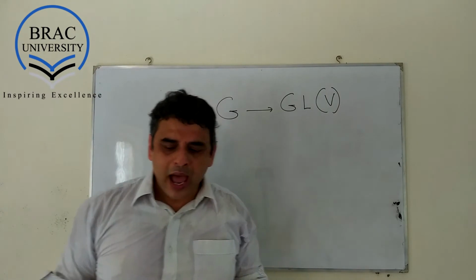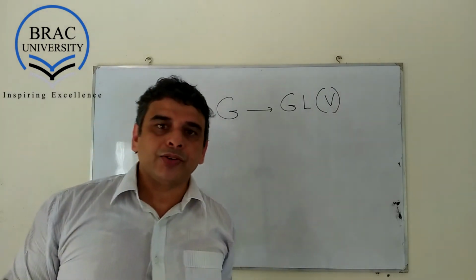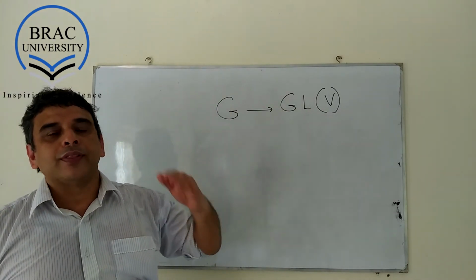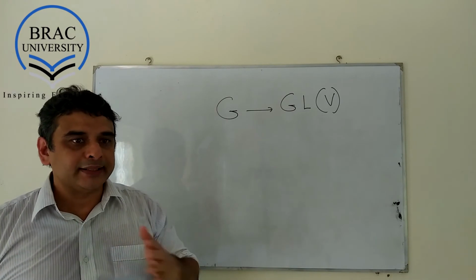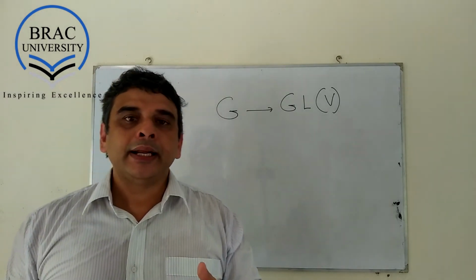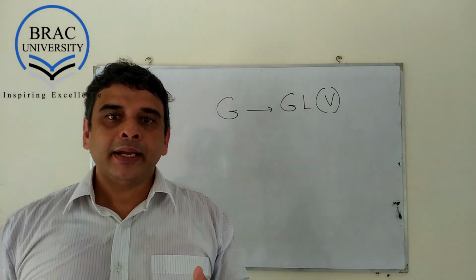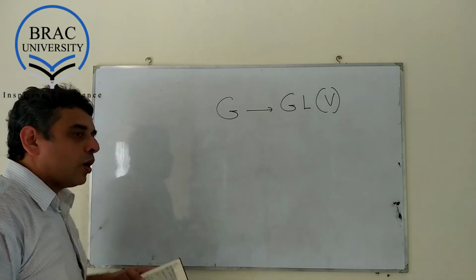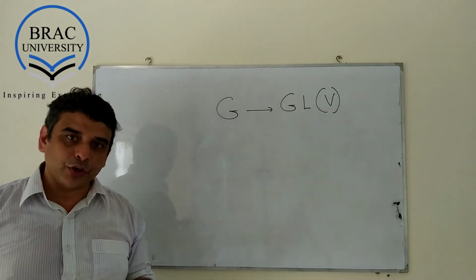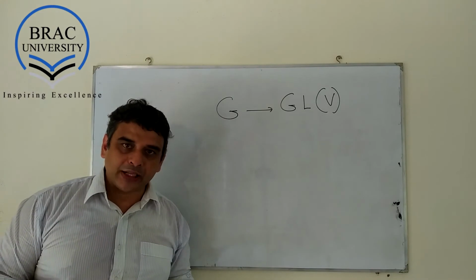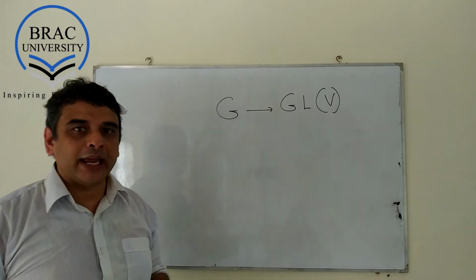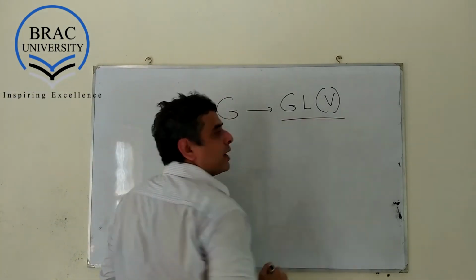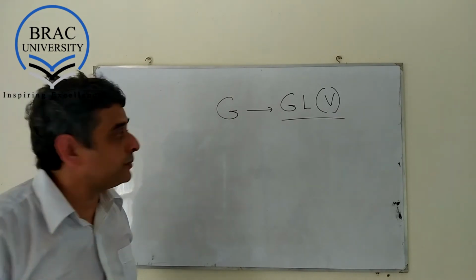So say if you have an n-dimensional vector space, GL(V) means the invertible matrices on that vector space, meaning the set of all n times n matrices which admit inverses. Not all n times n matrices are invertible, as you know from basic linear algebra. You only take the invertible n times n matrices to form the set GL(V), where V is an n-dimensional vector space. Okay?